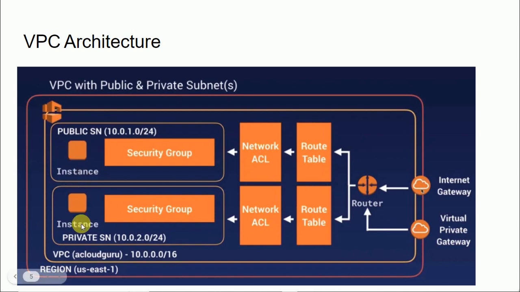Now today we are again creating the private instance under the private subnet and attaching this route table with a NAT gateway. So the NAT gateway is a kind of service where we can attach that particular gateway to the public subnet where we have already attached the internet gateway.